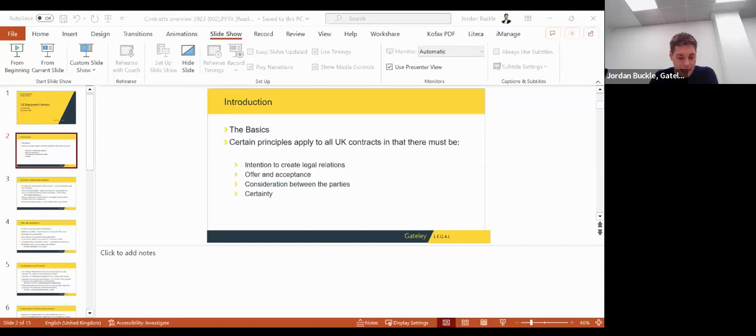So to give an employment example of where there is no intention to create legal relations, is the case of a genuine volunteer. So in that scenario, of course, typically in an employment relationship, employee does work, employee gets paid by employer. In a volunteer scenario, that's not the case. So plainly, where there's a relationship with a volunteer, there isn't an intention to create legal relations.